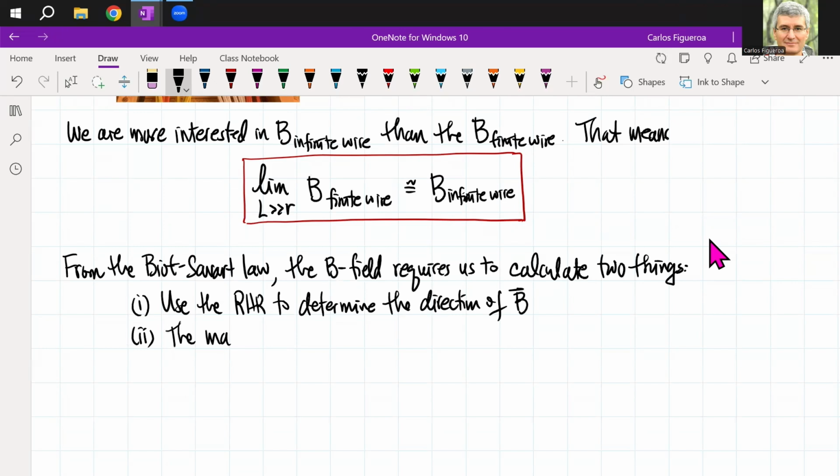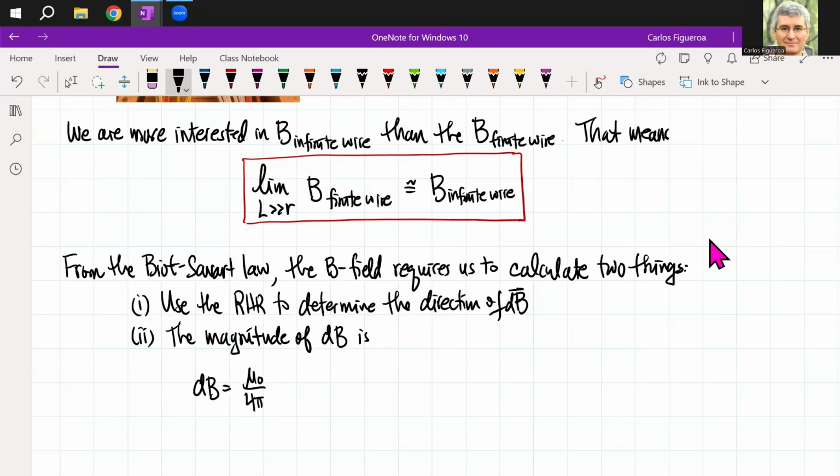So the magnitude, you know what? I should have put little dB, not B. So the magnitude of little dB is then going to be this here. So I'm going to write dB, and I want the magnitude of the vector.